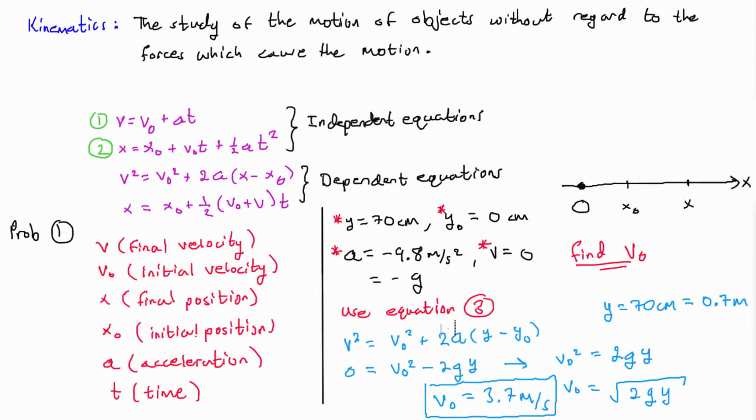Then when you solve for v0 squared, you get v0 squared is 2g times y. And then you take the square root. v0 equals square root of 2gy. G is just 9.8. It's not negative. So then you get 3.7, exactly, right?